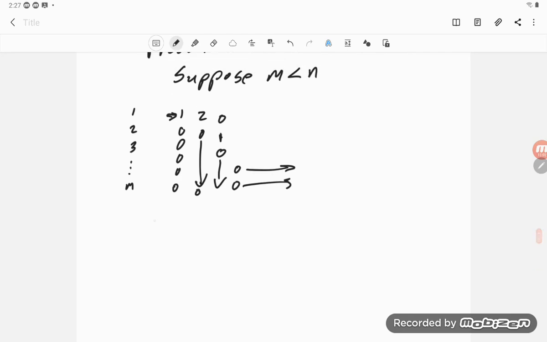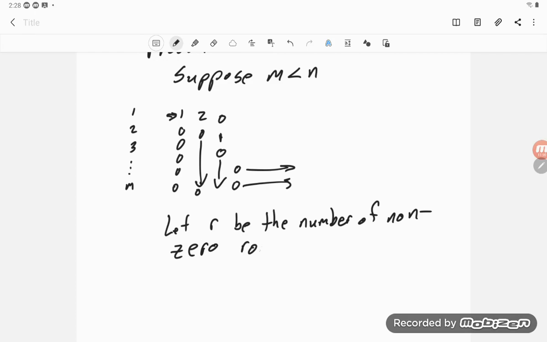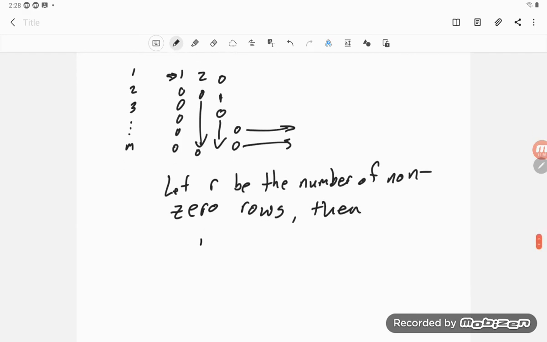And so if I let r be the number of non-zero rows, then what we see is that r is less than or equal to m, which has to be less than n.